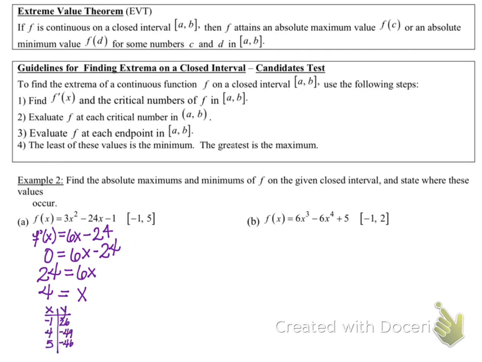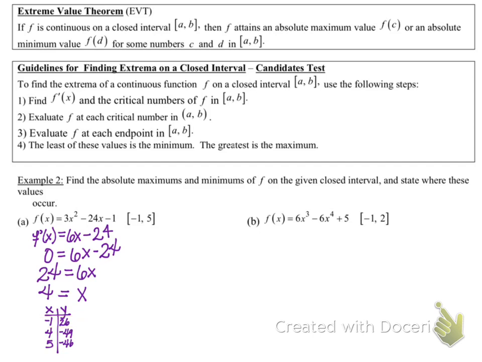So when we go ahead and replace our values in both our endpoints and our critical value, we see that our minimum occurs at 4 and our maximum occurs at -1.